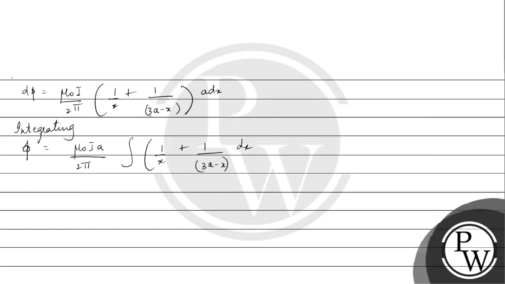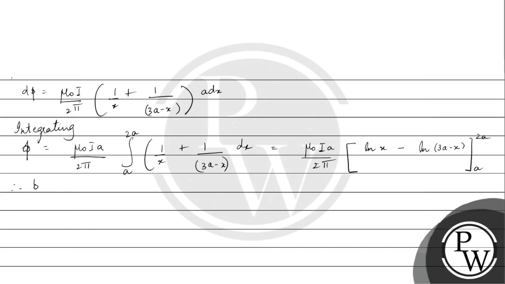Now because we are essentially looking in between the two wires, so the limits will be from a to 2a. तो ये हम इंटीग्रेशन करके we will get ln x minus ln 3a minus x between the limits a and 2a.